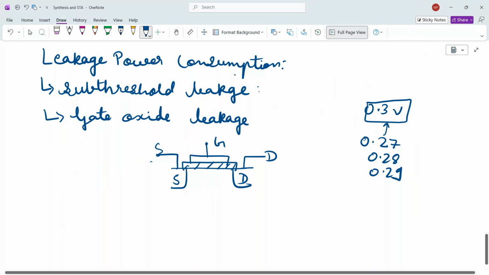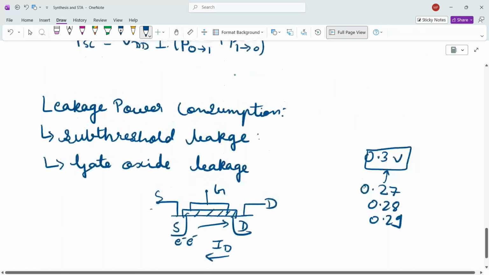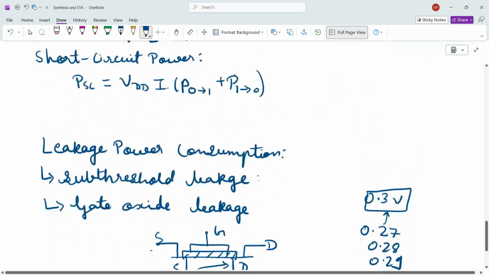Still, some of the electrons from the source side will get attracted towards the positive gate, and ID current will flow below the threshold voltage. When the threshold voltage is just about to be reached, this is called subthreshold leakage current, and the power dissipated because of that is called subthreshold leakage power. So this is also a type of leakage power, which is flowing because of leakage current, right?